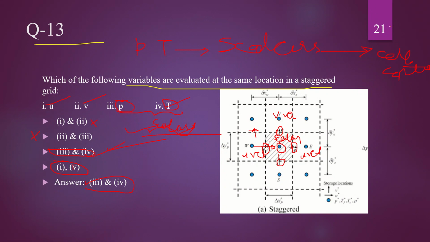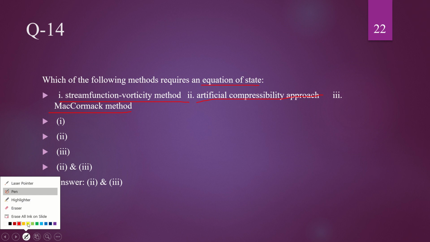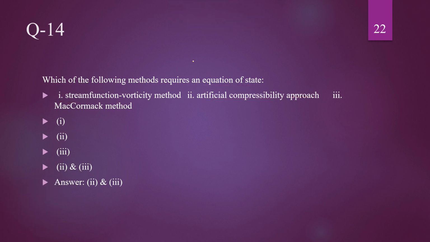Now we will move on to question 14. Which of the following methods requires an equation of state? Stream function vorticity method, artificial compressibility method, McCormack method. Before this, we'll first split all the methods into two categories.